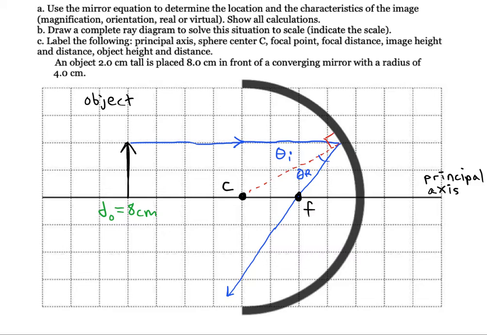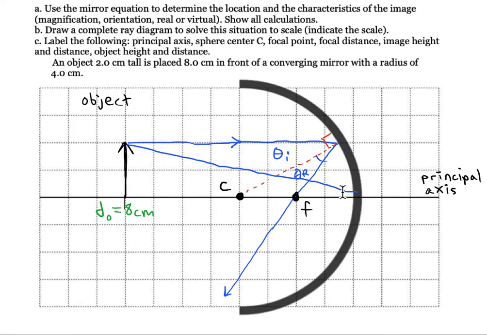Now, what's another important ray when it comes to a mirror? Not just the parallel ray, but there's also an important ray that hits the very center of the mirror, like that or so. That ray is going to come in at a certain angle, and by symmetry, it's going to reflect with the same angle.